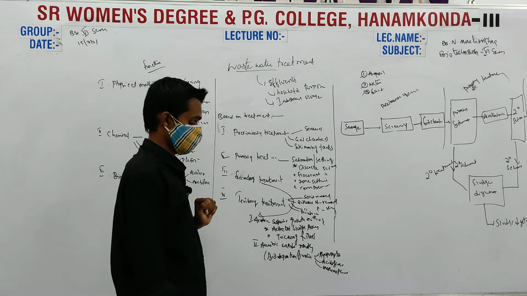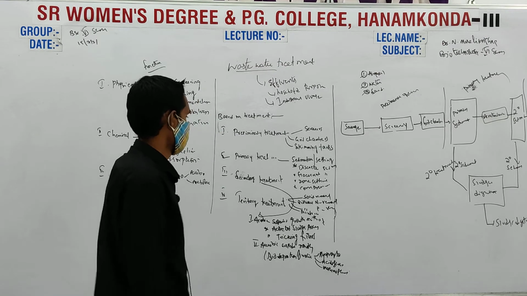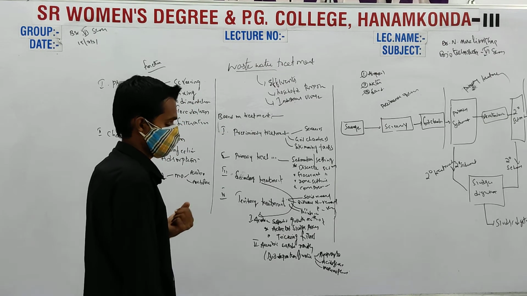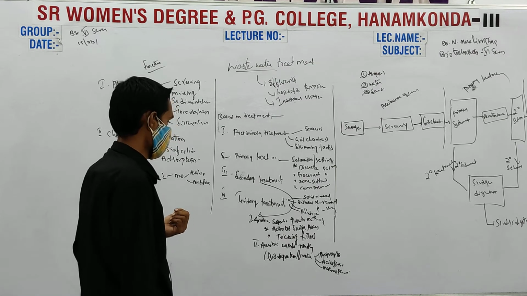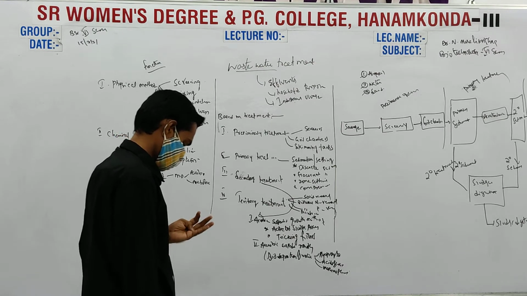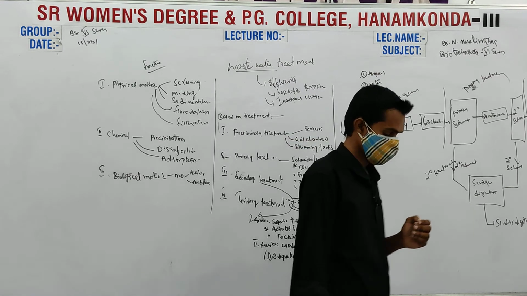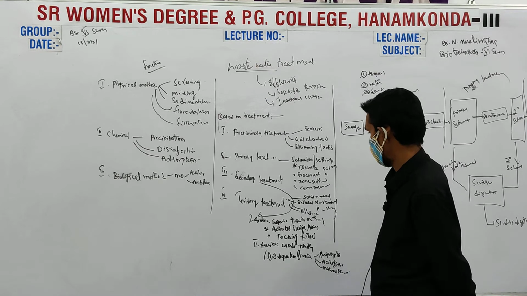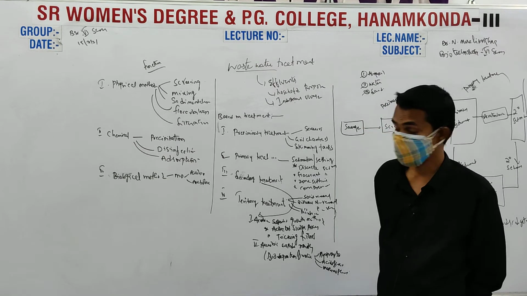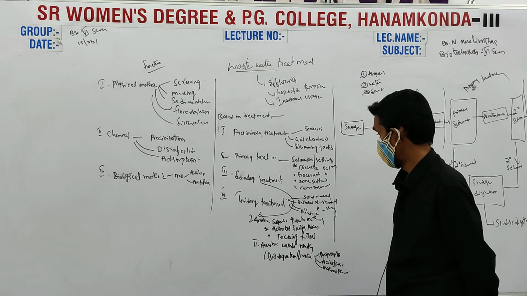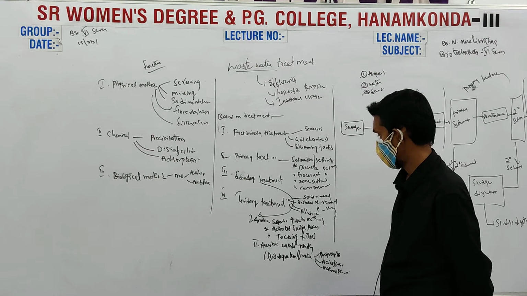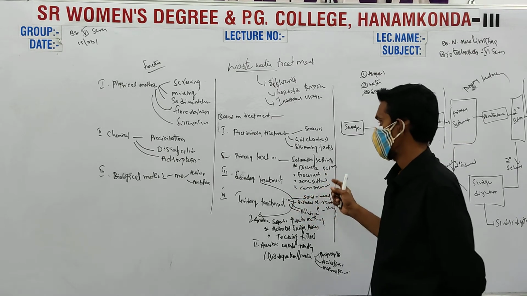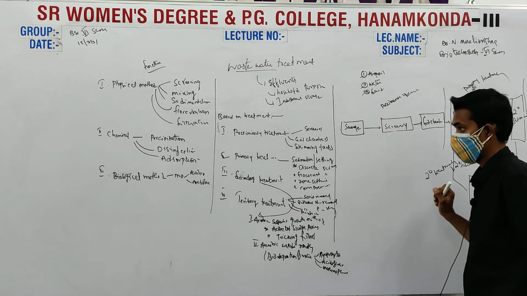From preliminary treatment, the major process is sedimentation, which is called primary treatment. We sediment the waste floccules in this process, which can be achieved by discrete sedimentation, flocculent sedimentation, zone settling, and compression.